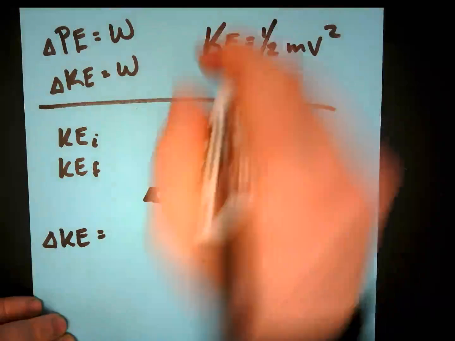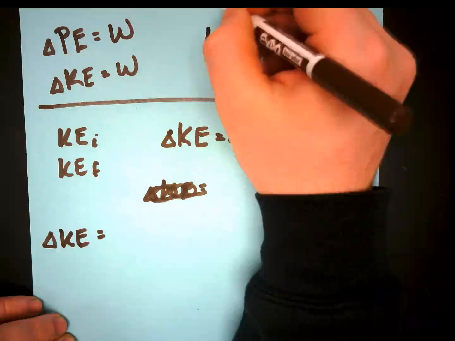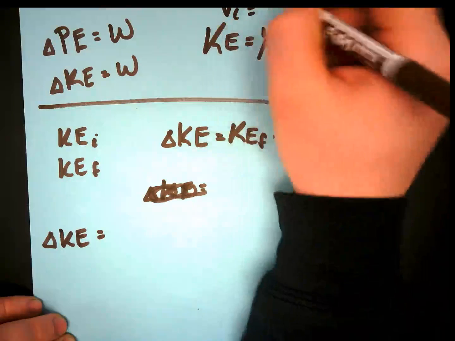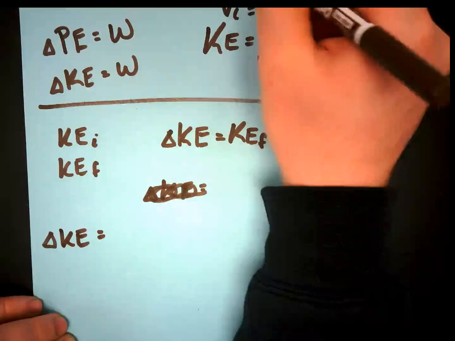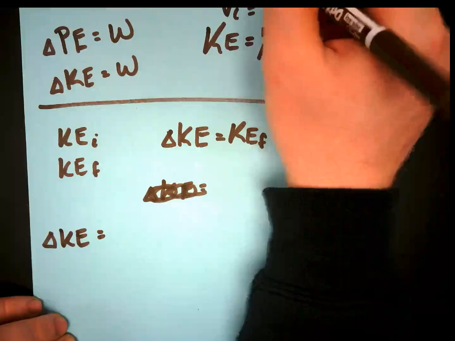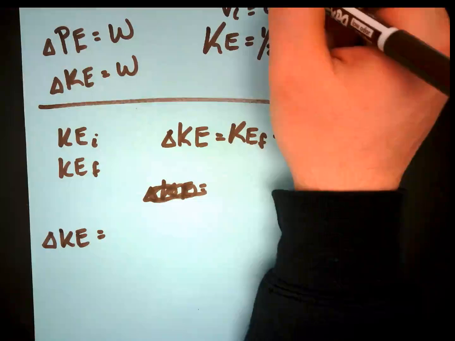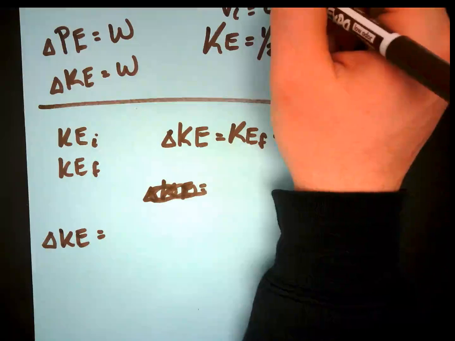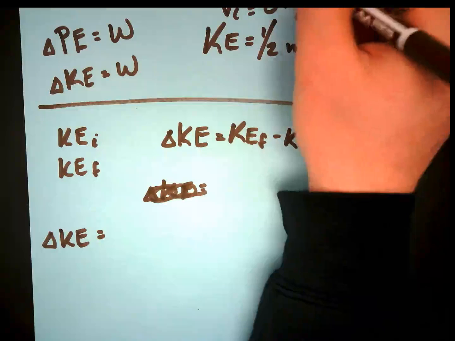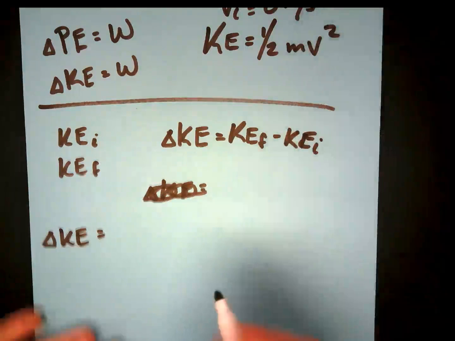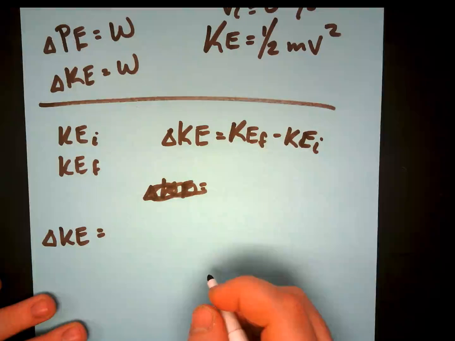Our final uses our final velocity, and our initial uses our initial velocity. The final velocity is not 2.8 seconds, it's 26.8 meters per second.